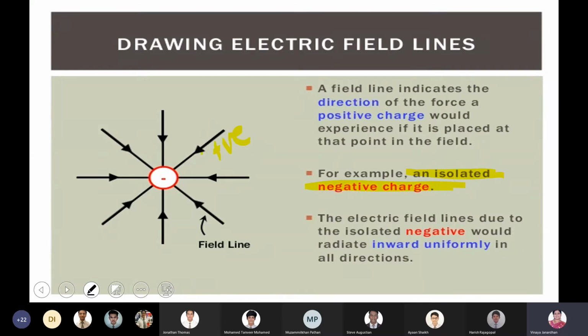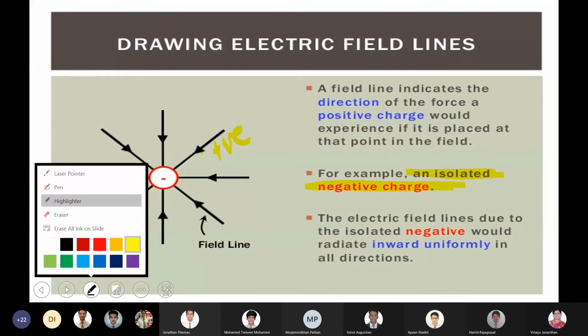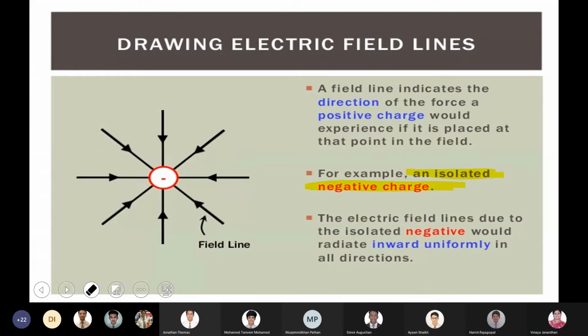That is why the arrows are pointing towards the source charge. Anyone still have a doubt, boys? Arrows are important. In the previous case, for a positive charge, all your arrows were pointing outward. For a negative charge, all your arrows are pointing inwards.